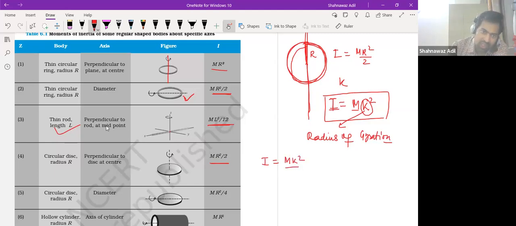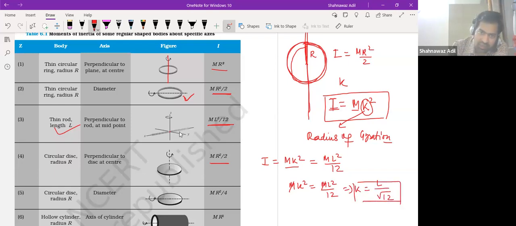And I know that the moment of inertia of this rod is ml square by 12. Which means that if I compare these two quantities, then this length k, this distance, would be simply L by root 12.